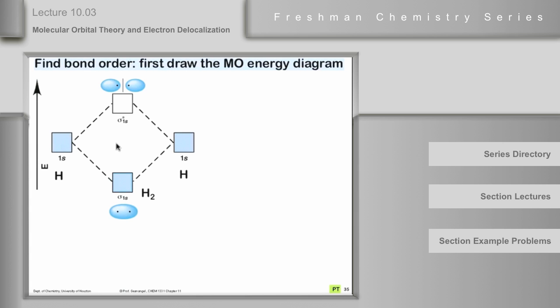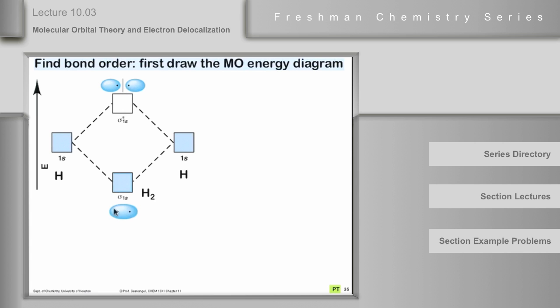Now, our process is going to work like this. You put the combining atoms on the left and on the right. Energy is increasing in a vertical direction. You put the molecular orbitals in the middle. So this is the molecule, H2, and these are the H2 orbitals here.